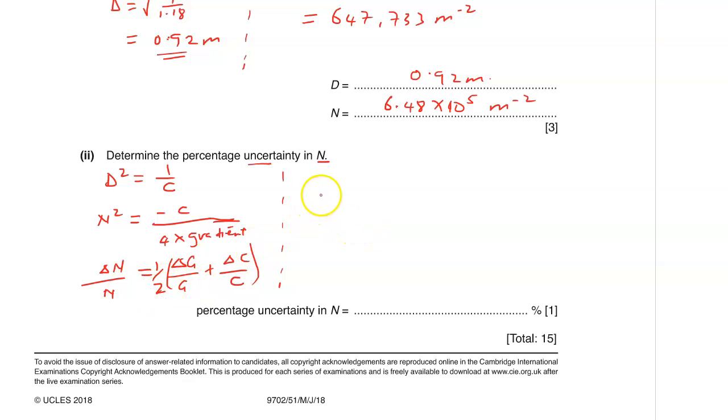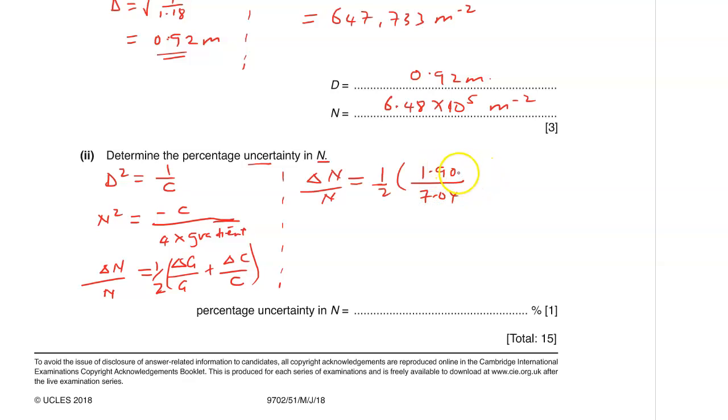So our delta N over N is equal to a half times 1.9, which is the uncertainty of the gradient, divided by the gradient, which is 7.04.